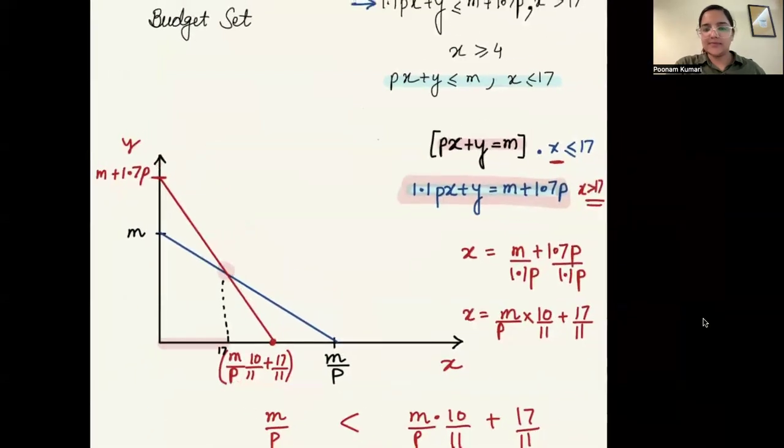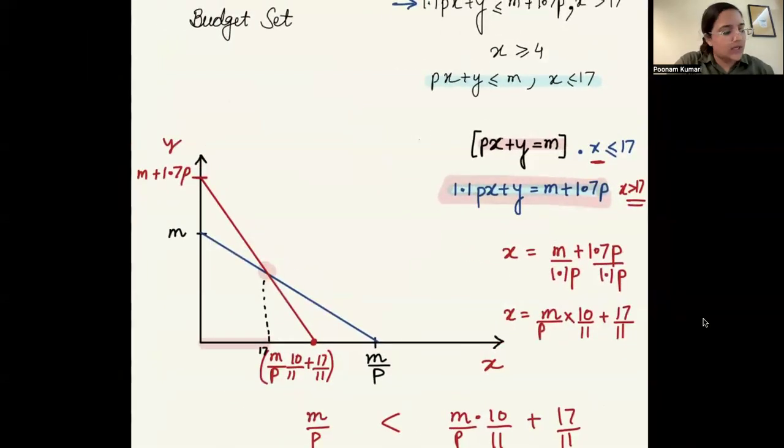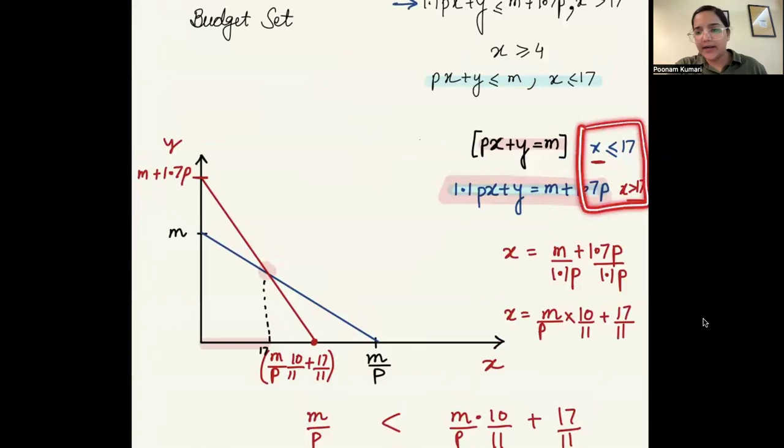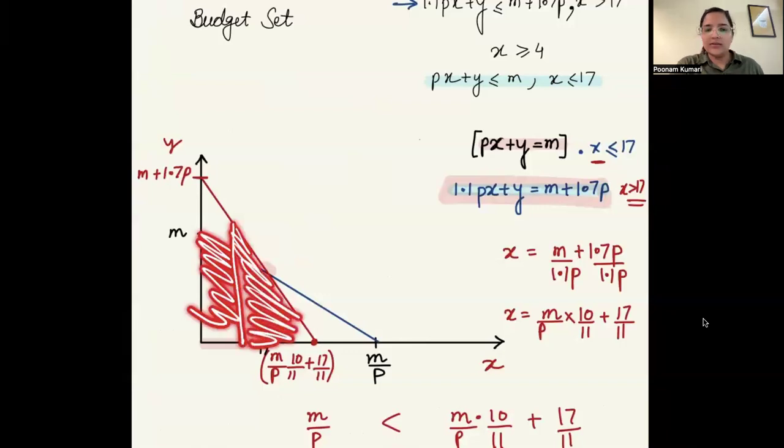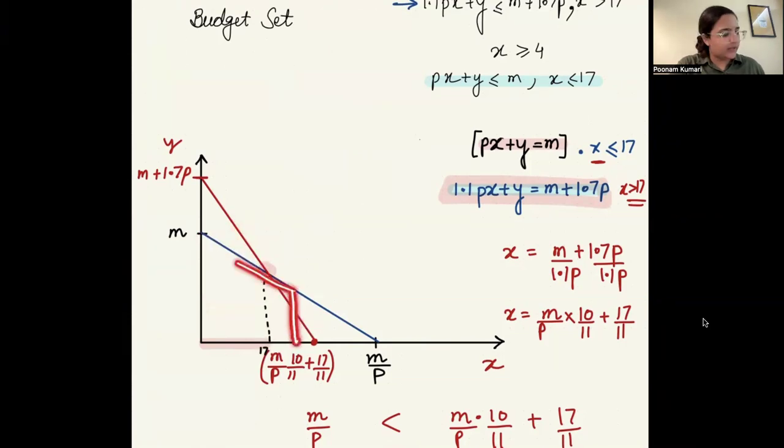Ma'am, here, what is the need to find an intersection point? So 17 is my breaking point, right? Where my budget line is changing. So I wanted to know whether 17 is here or here. Because suppose 17 had been somewhere else, I would have done this and then I would have done this.